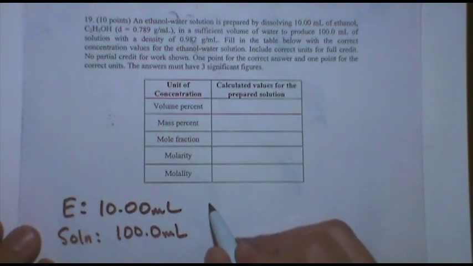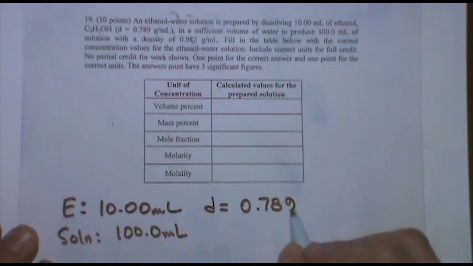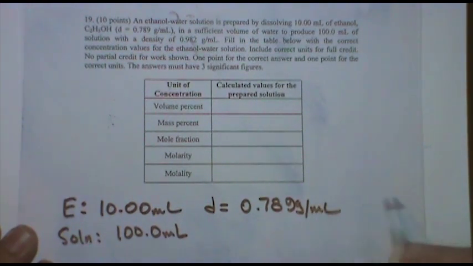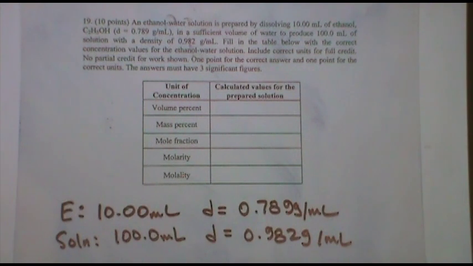And we know a couple other things. The density is 0.789 grams per milliliter, and the density here is 0.982 grams per milliliter. All right. First of all, what's the difference between those two densities besides the numbers? The top one is what kind of density? It's just for ethanol.